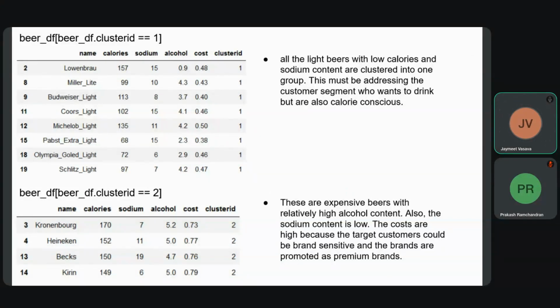This must be addressing some of the calorie conscious customers that the brands serve. And for cluster ID 2, these are some of the expensive beer brands which have a high alcohol content and low sodium content, and the target customers are the ones who are sensitive to the brand's image, and they are promoted as premium drinks or premium beers.